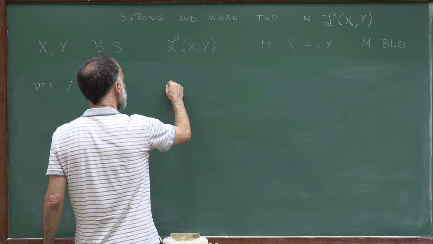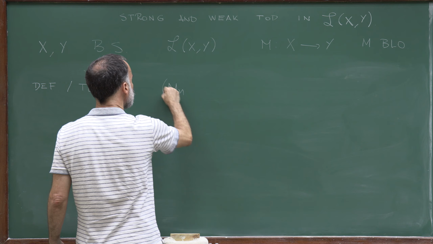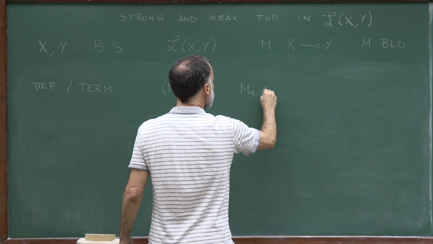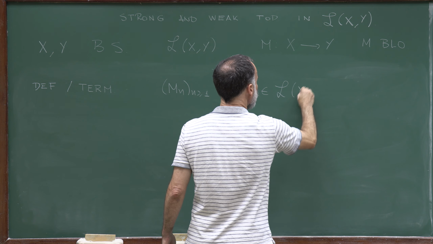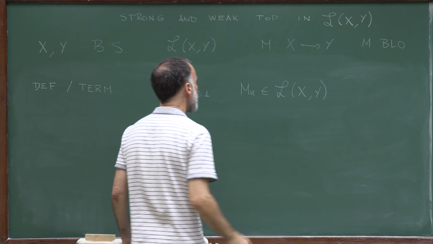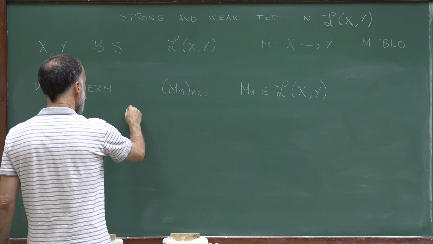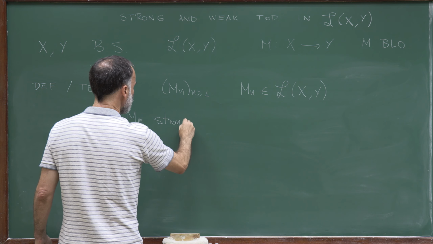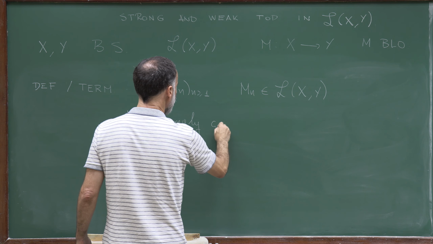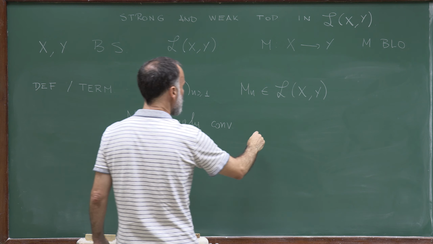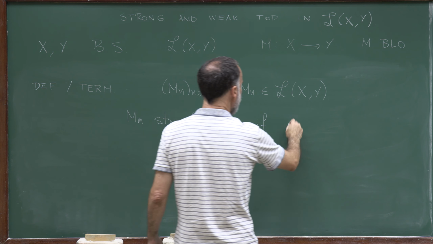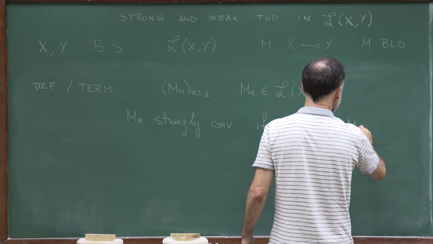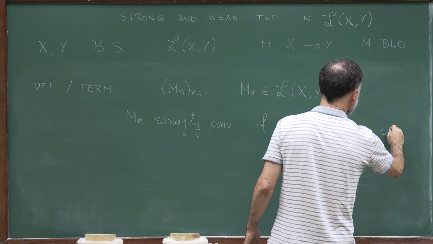We'll say that a sequence Mn of bounded linear operators from X to Y strongly converges if for all x in X, Mnx converges strongly.